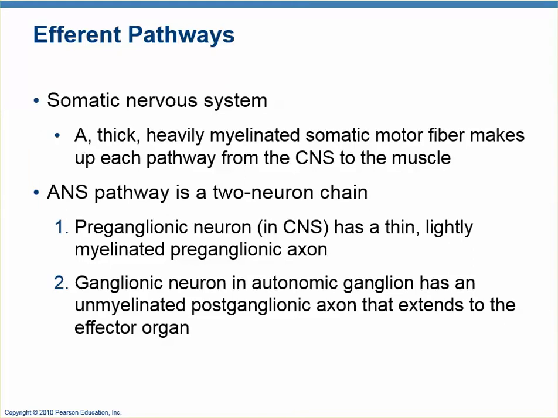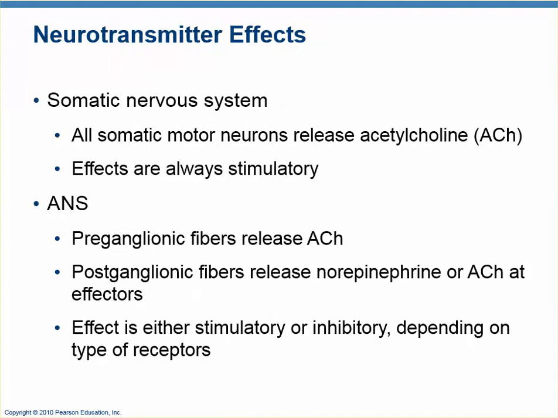And the ganglionic neuron, the second one in the path, can be unmyelinated or, again, lightly myelinated. So in the somatic, it's all acetylcholine. All the preganglionic neurons in the autonomic are acetylcholine. The postganglionic release either norepinephrine or acetylcholine, depending on what it is.